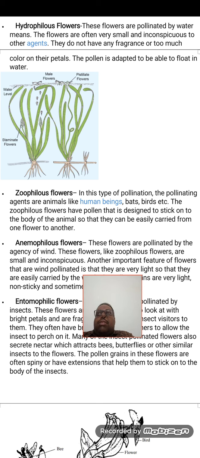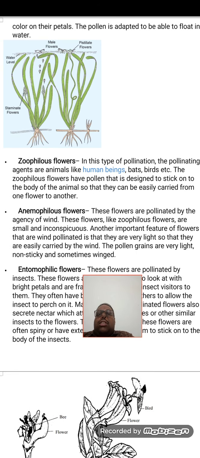Very light means that when the wind blows, it can be carried from one place to another over a long distance. And they are non-sticky in nature, very light, and inconspicuous. That means the flower will hold these gametes very deep inside. They will not be exposed much. So when the wind blows, one of the best examples is the cotton plant.